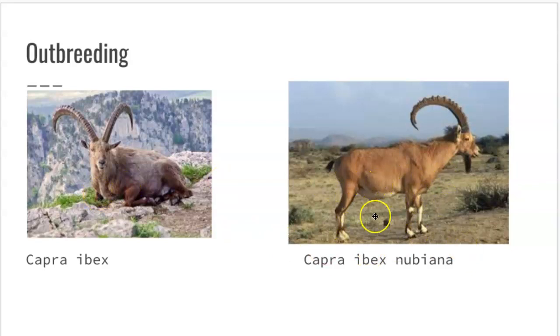When they brought these individuals over to this population to create a new generation, the babies were actually born earlier than they would have been if they had left them alone. So the Capra ibex and the Capra ibex nubia, they had babies that were born in the fall, which was a much colder time of year, and there weren't nearly as many plants around for them to eat. So all of those individuals died.